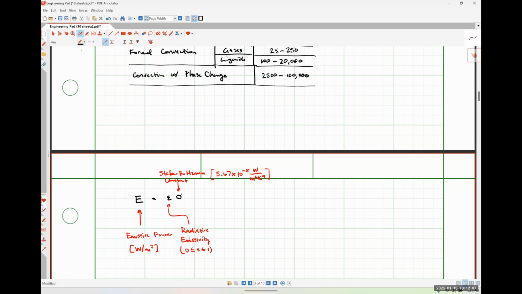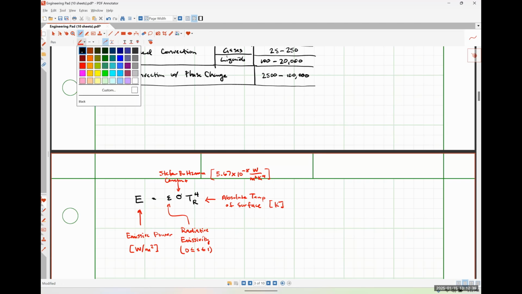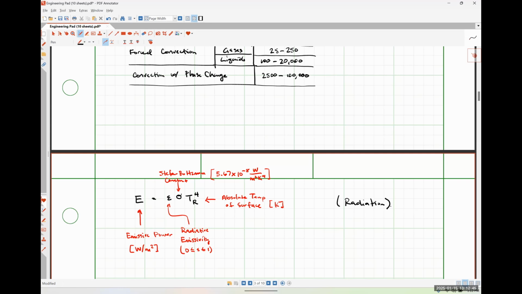And then lastly, we have T sub R to the 4th power, where T sub R is the absolute temperature of the surface, measured in Kelvin. And this equation is what will be used for radiation. Okay.